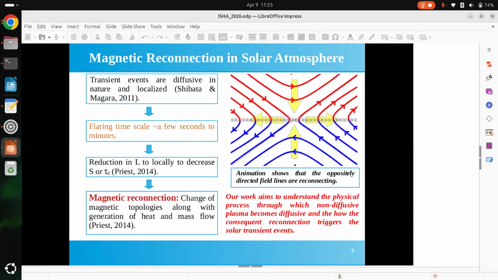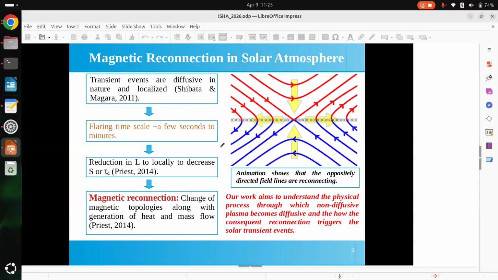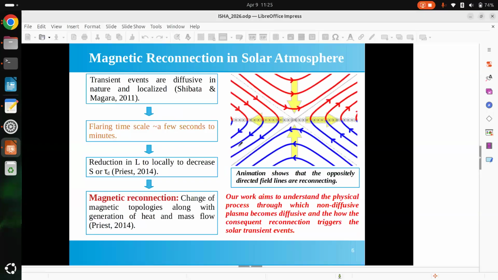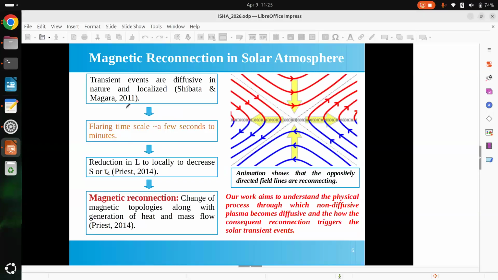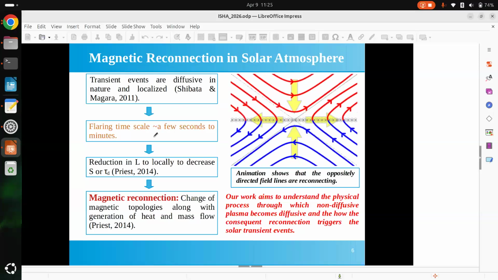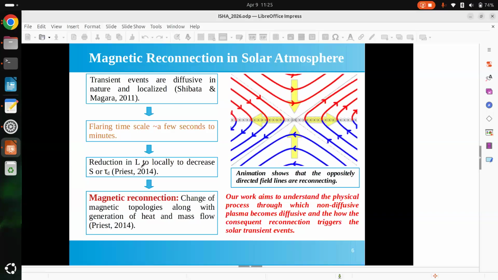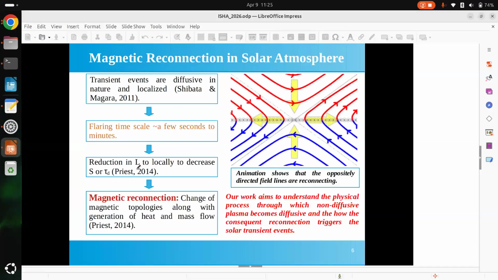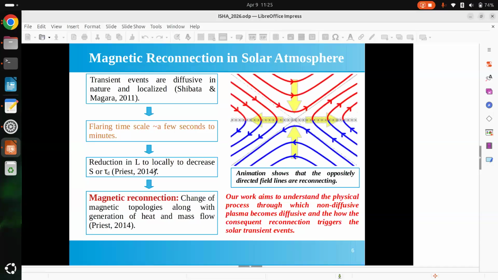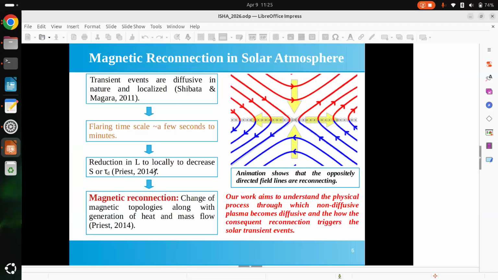But we see transient events which occur on a time scale of a few seconds to minutes. That brings the scenario that some diffusion must be induced in a localized region, which brings in magnetic reconnection, where the length scale decreases locally and brings oppositely directed magnetic field lines into closer proximity, giving rise to magnetic reconnection.